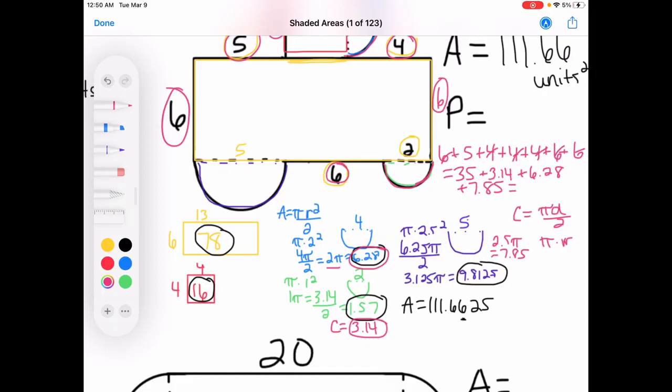So now I can combine all of those. So 7.85 plus 6.28 plus 3.14 plus 35 is 52.27 units.